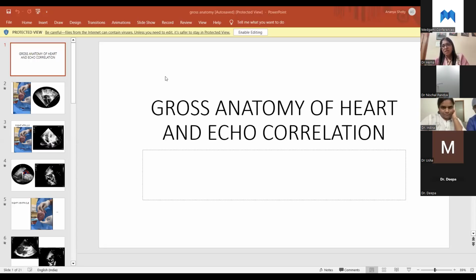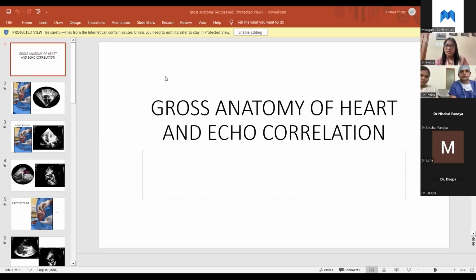Dr. Nishchal, according to the echo and according to the gross dissection, do you find a lot of difference in what you see in echo compared to when you actually see the actual heart while doing the surgeries? So actually, echo is basically a 2D picture, with no three-dimensional depth perception.